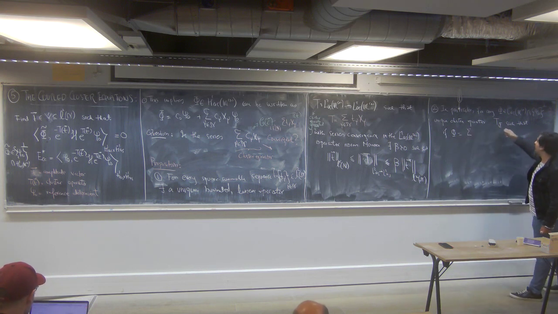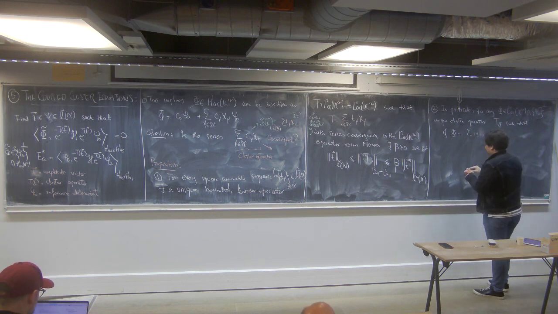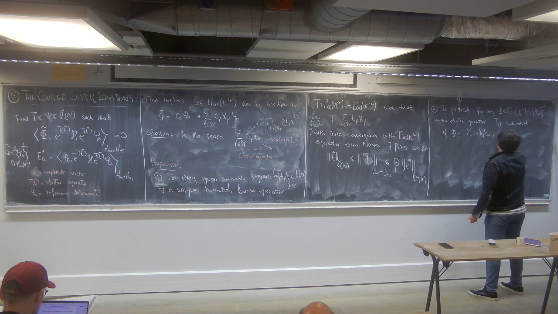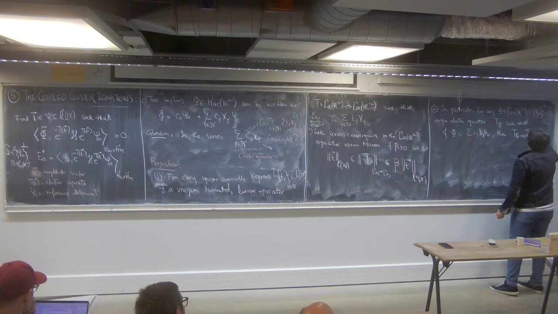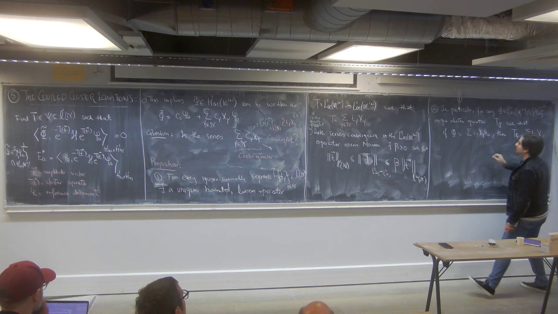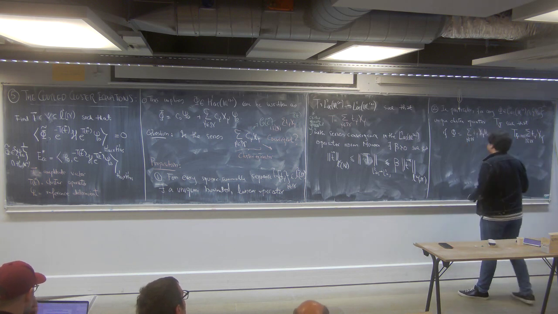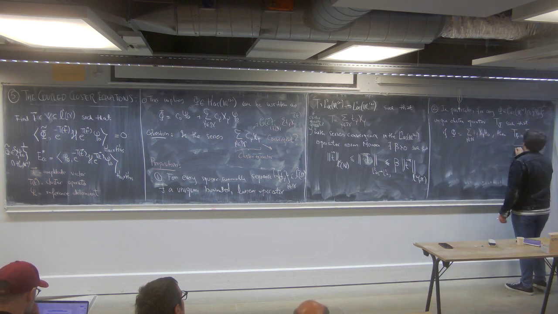cluster operator T of phi, such that if phi is of the form, it's some T mu x mu of size 0, then T of phi is just taking the same coefficients and multiplying them with the excitation operators. And here again, series convergence in operator norm.